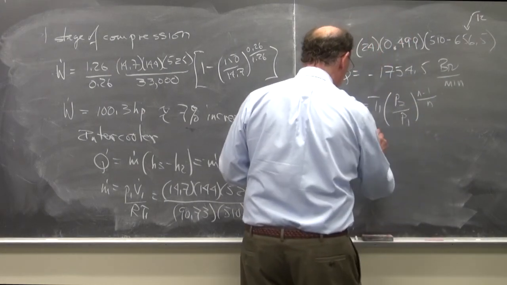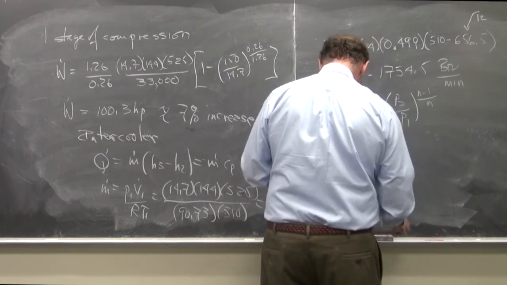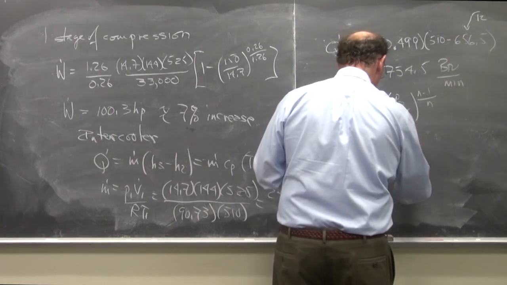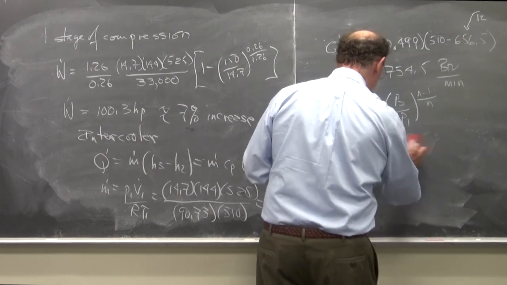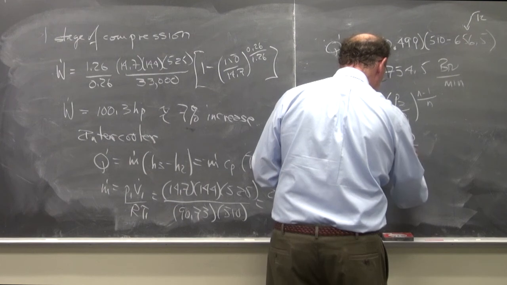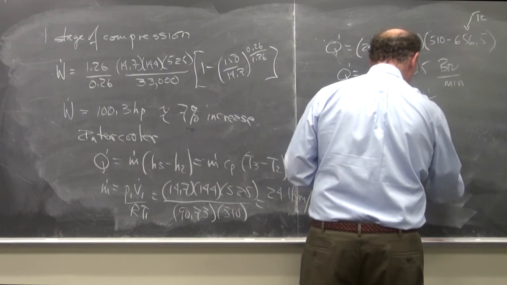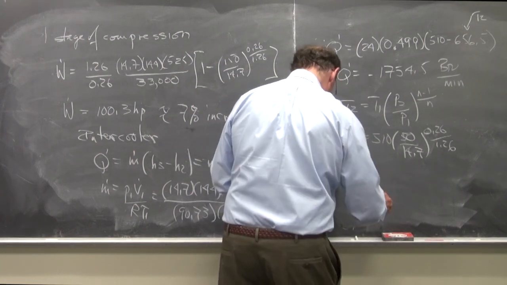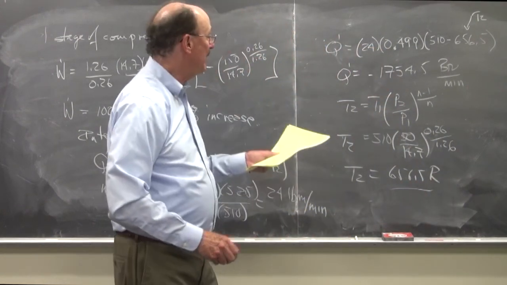So this is equal to 510 times 50 over 14.7 to the 0.26 over 1.26. I have to follow my notes correctly. So T2 is equal to 656.5 degrees Fahrenheit. And that's where that temperature comes from.